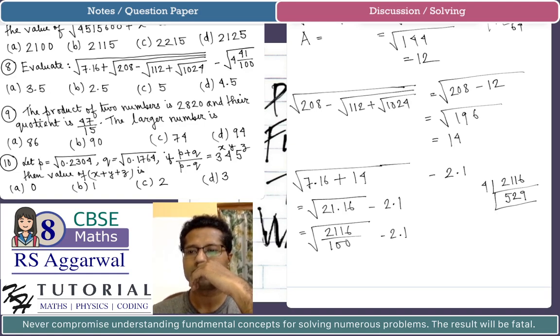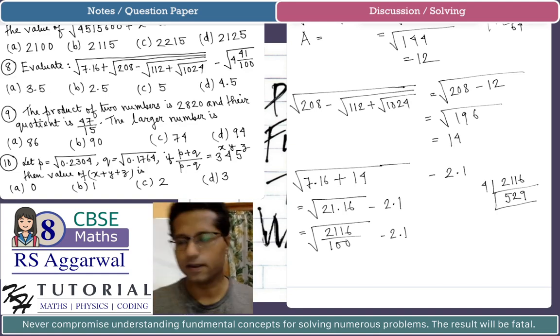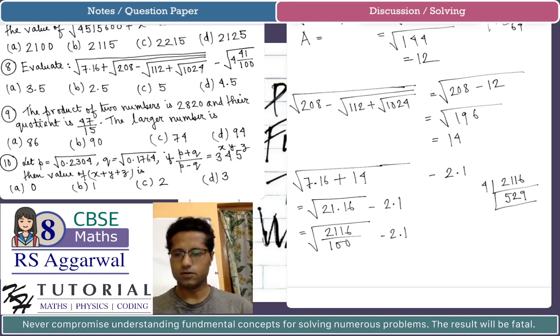No. Let's try 17. What is the square of 27? Is 27 square 529? Let me see. 27 multiplied by 27 is... no, it is 729.